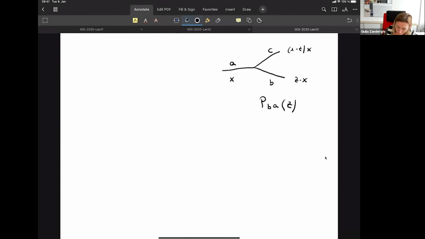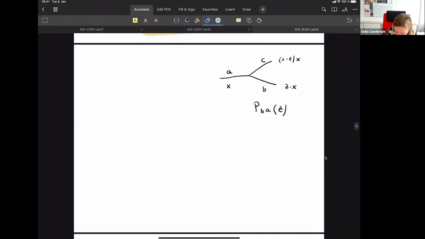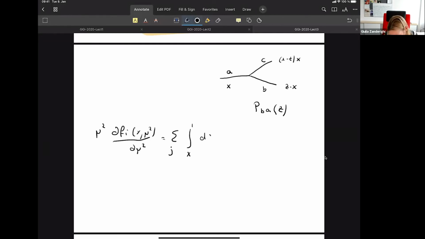And then when you write the equations, taking into account that there are all the possible species, you have to essentially put indices in this equation. So this becomes mu squared d f_i of x, mu squared over d mu squared, which equals the sum over j, integral from x to 1 of dz over z, P_ij(z), f_j of x over z, mu squared, with the plus prescription.